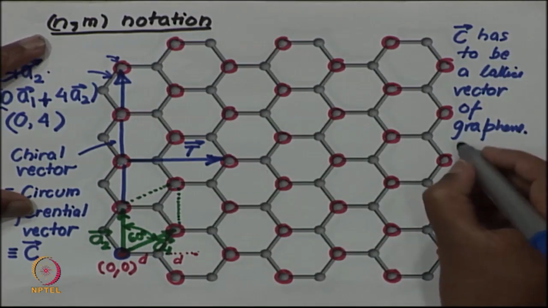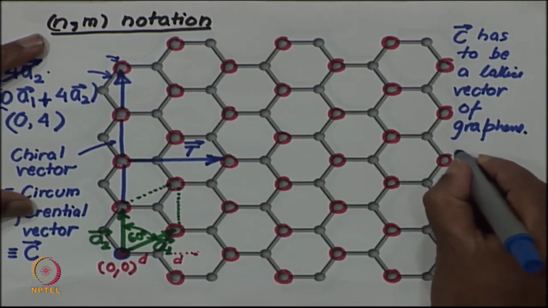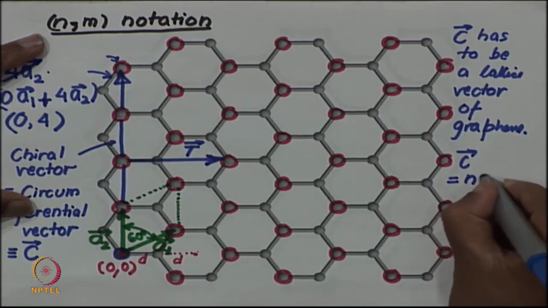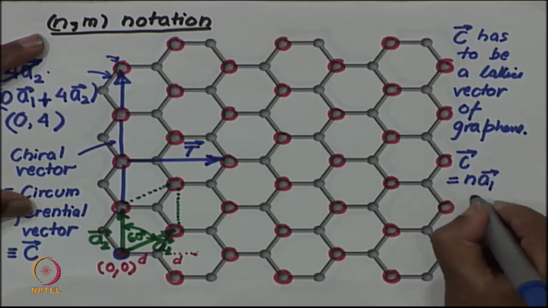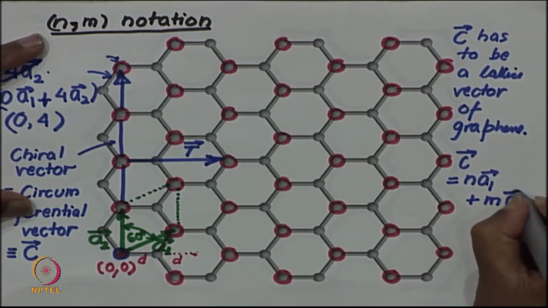So, C has to be a lattice vector of the graphene sheet. So, C can always be expressed as n times A1 plus m times A2.